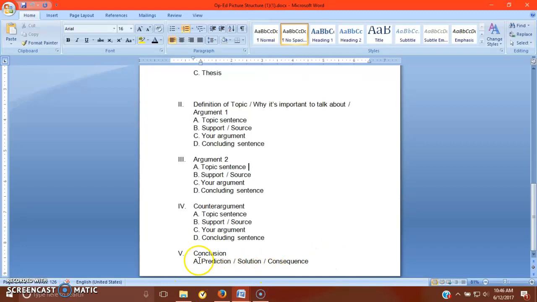So what prediction or consequences might you foresee if you're talking about education and taxation or something like that?